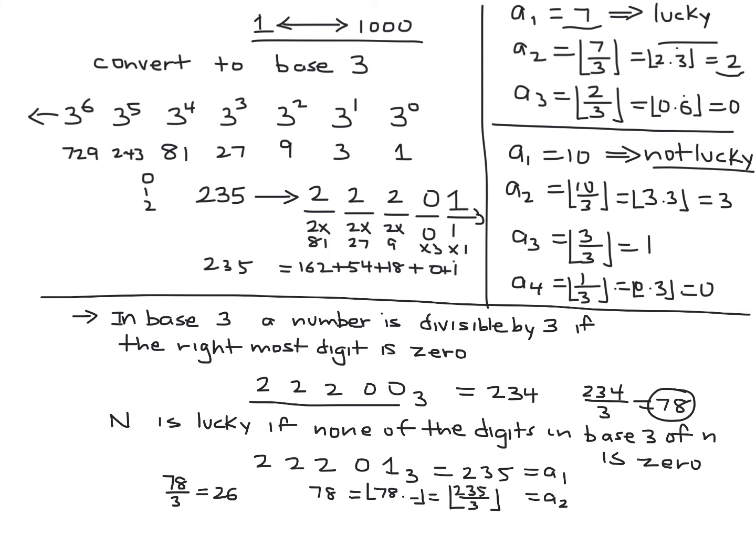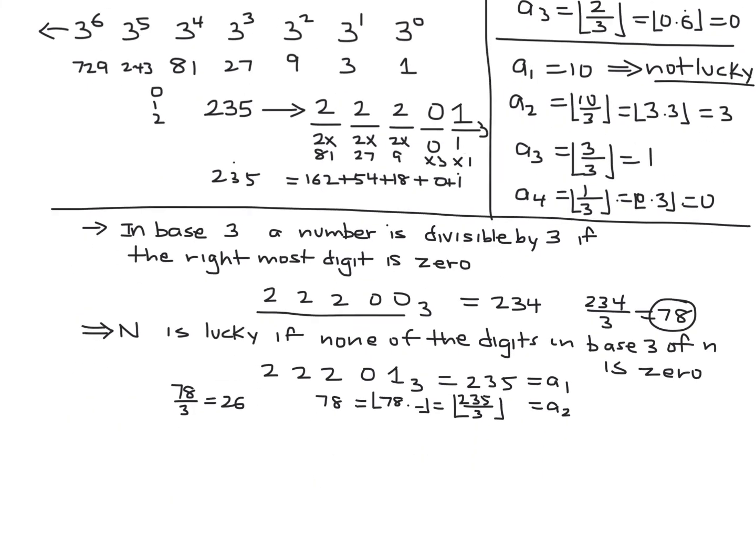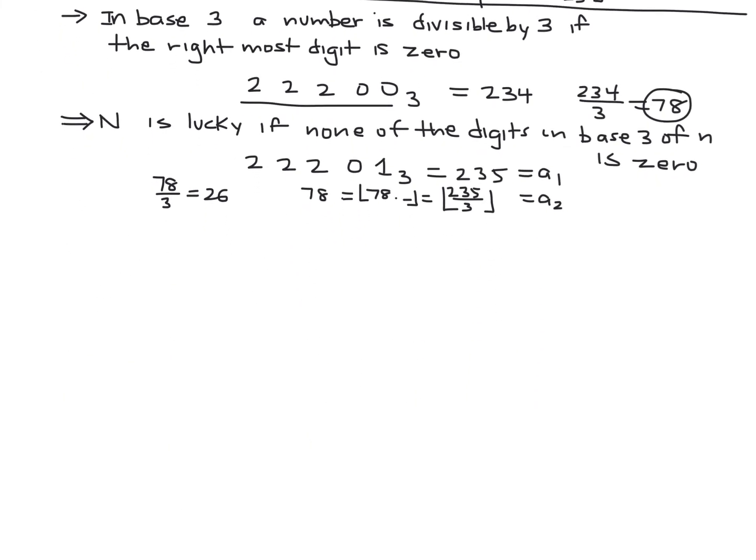As soon as you get a 0, that's when the problems begin. So this statement is very important to conclude that n is lucky if none of the digits in base 3 of n are 0. So we have to essentially find numbers in base 3 that have no zeros. They only have the 1 and the 2.